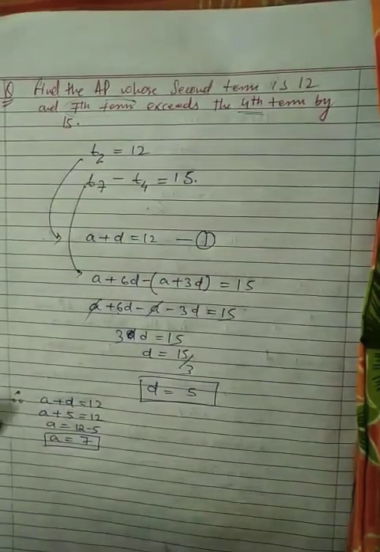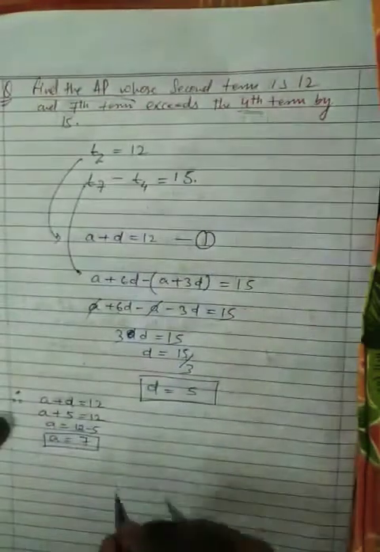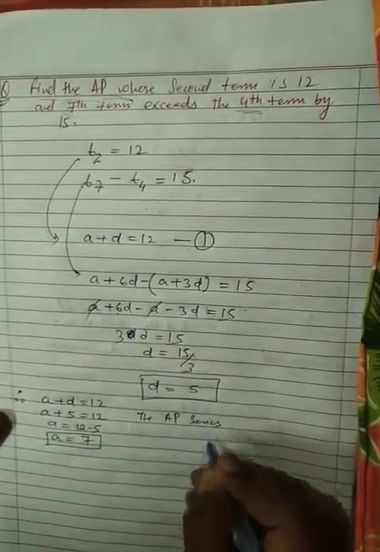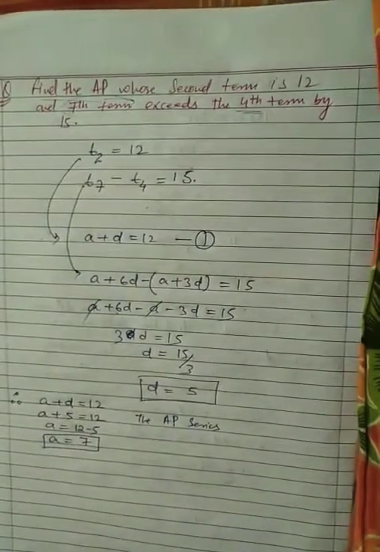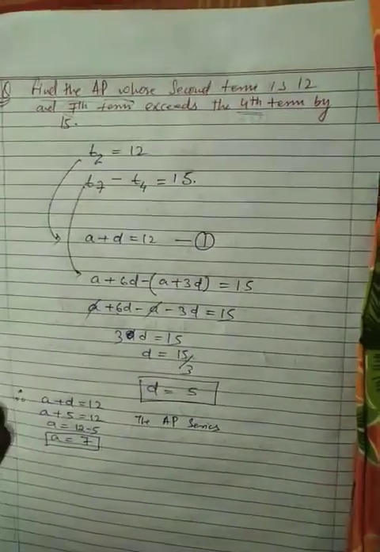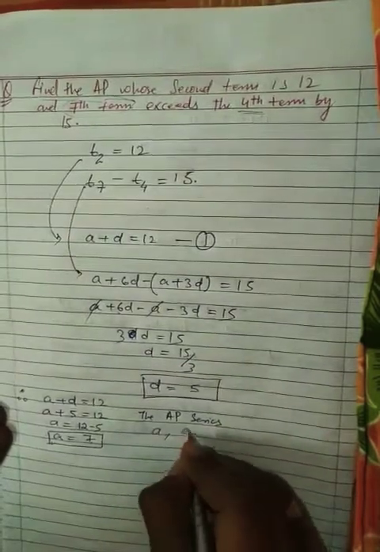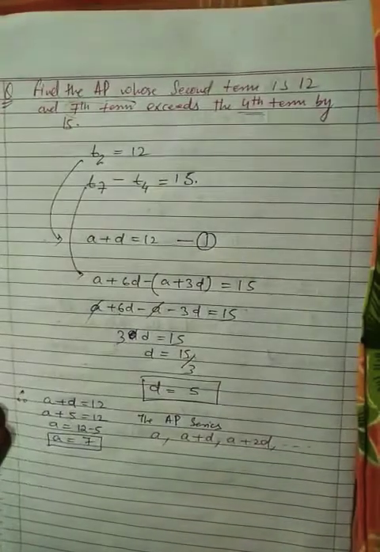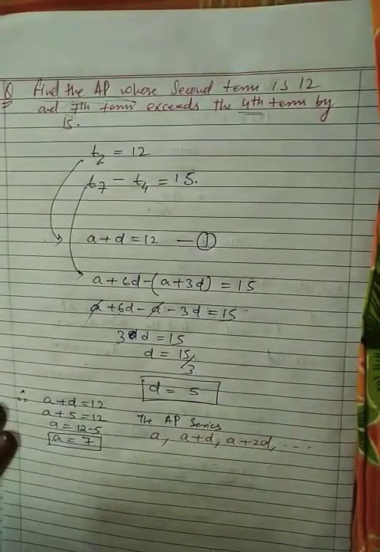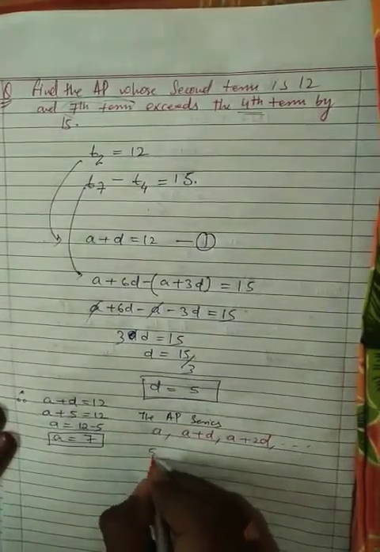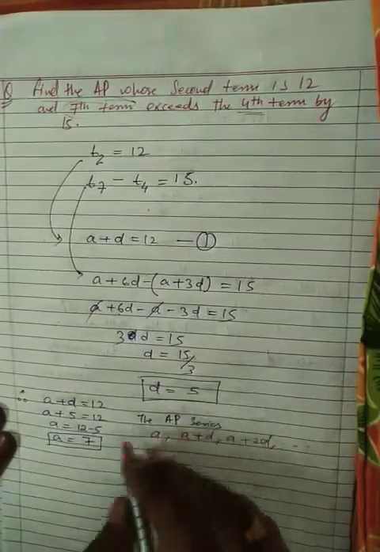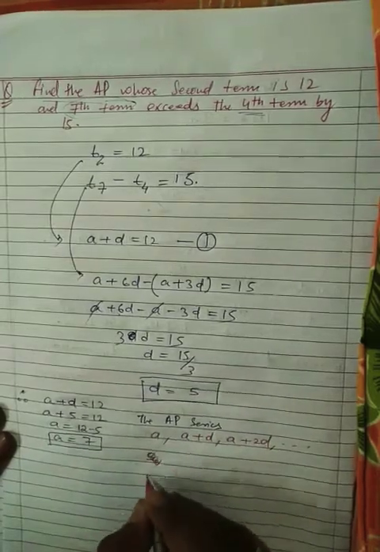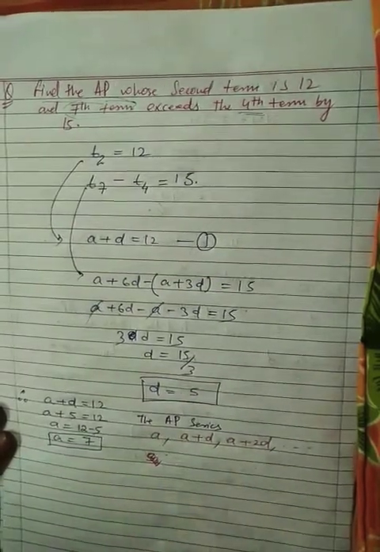Now we can find the AP series. We know how we write the AP series. We write the first term A, then A plus D as the second term, A plus 2D as the third term; at least 3 terms we will be writing for an AP series, then dot dot dot. First A is 7.